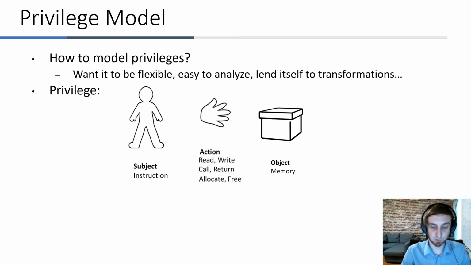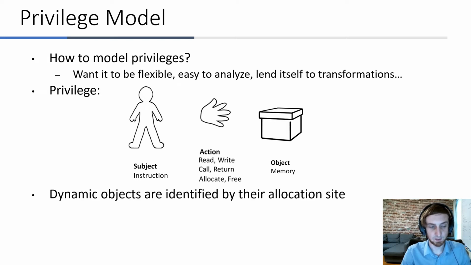So for example, each global variable is an object. In the case of dynamic objects, such as objects allocated on the heap, we group all objects by their allocation site. So all of the objects allocated from the same place are grouped together into one object class, which we simply call an object. What that means is, assuming there's no dynamically loaded or jitted code, that the number of objects would then be fixed at compile time, because they're identified by their allocation site in the code.